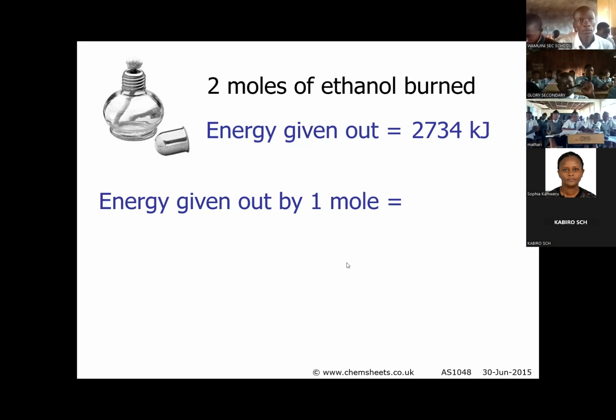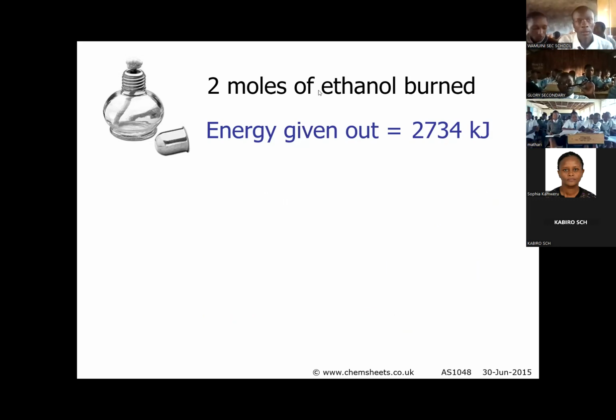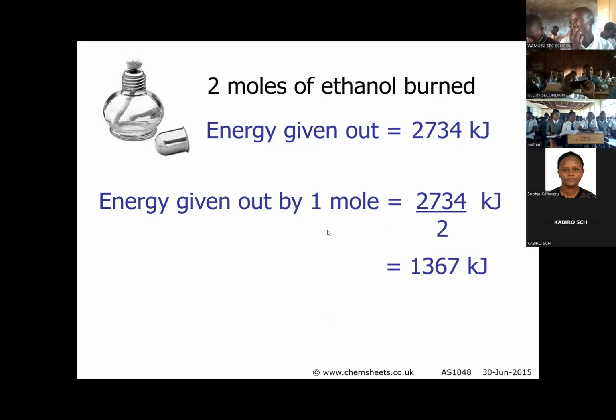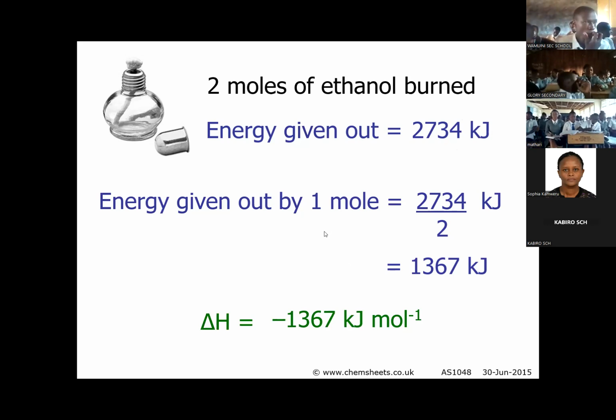Okay, so just look at that again. If we have 2 moles of ethanol burned and it gives out 2734 kilojoules, then 1 mole would give out half of that. But the delta H will be negative 1367 because when ethanol burns, when alkanols burn, they give out heat. Simple. Okay.